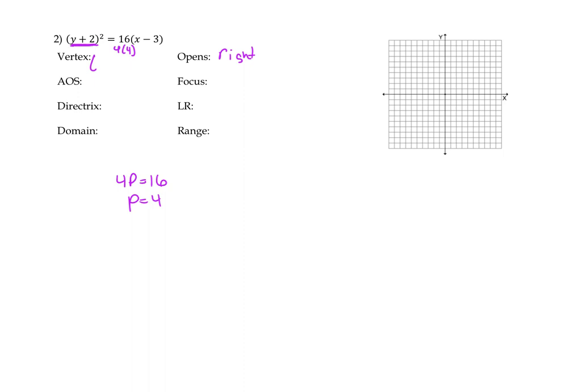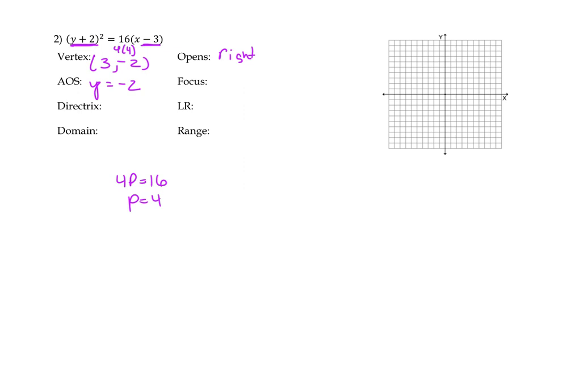That is the k value, which is -2, and that is the h value, which is +3. So you need to be careful when it's a y squared equation that you put it in the right order. My axis of symmetry, since these are opening left and right, it's y equals the y coordinate.